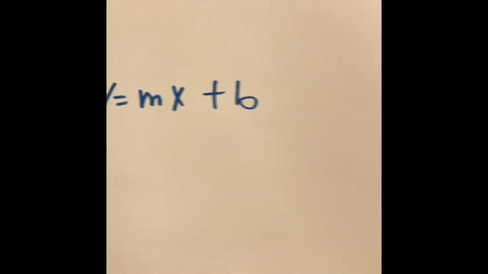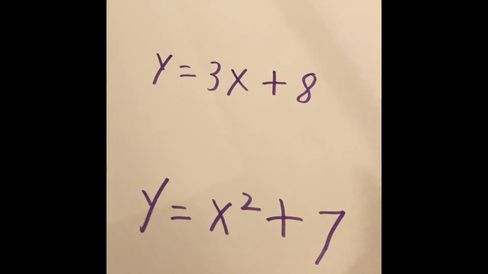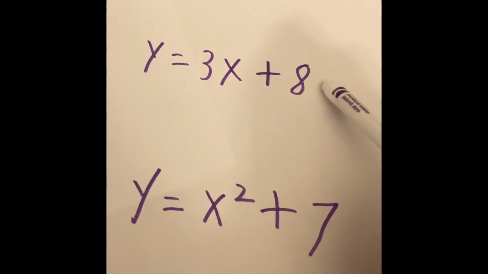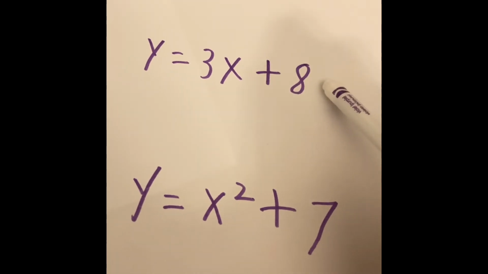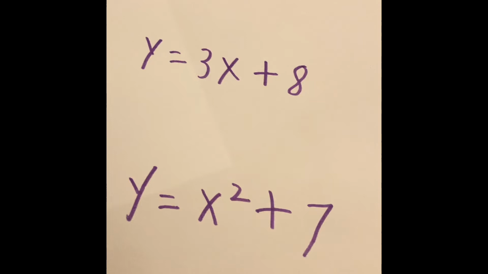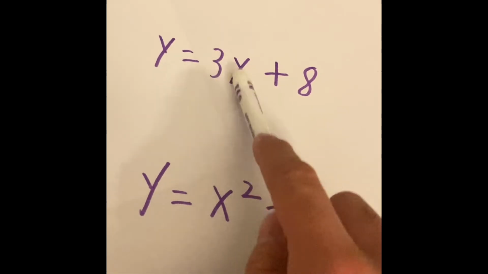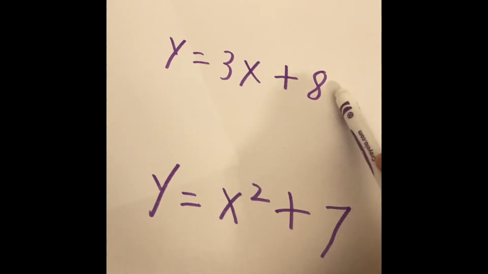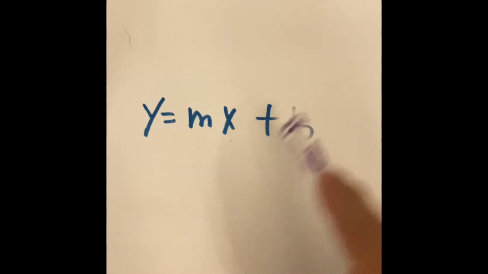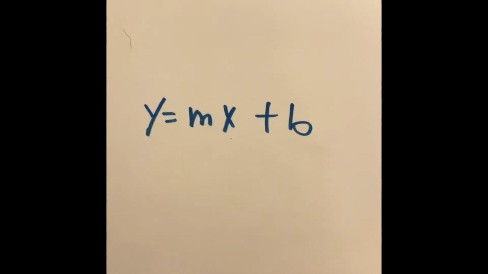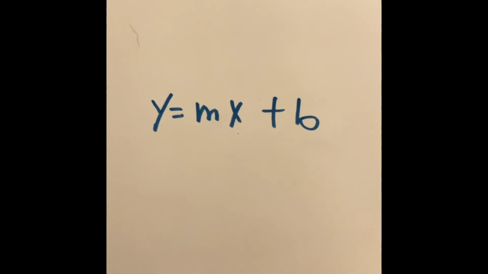When you see equations like y equals 3x plus 8, those are in y equals mx plus b form, or another way of saying it, slope-intercept form. We'll talk about that in the next video.